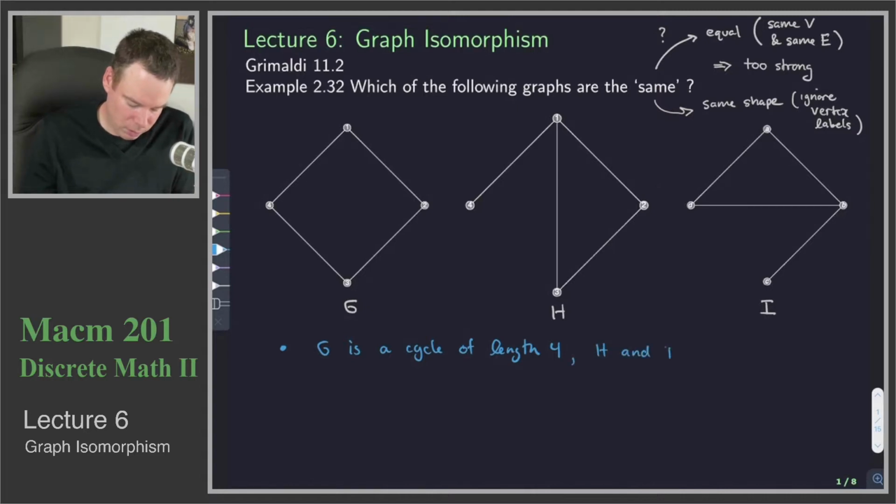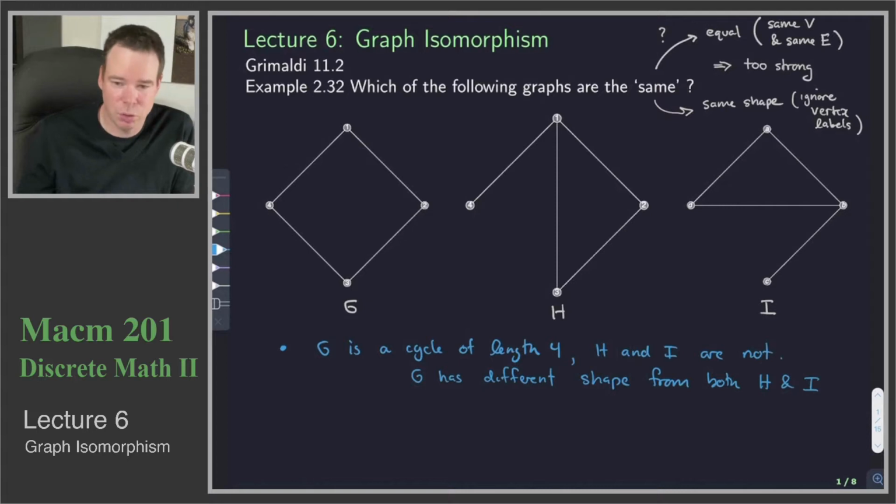They're not cycles of length 4. So G has a different shape from both H and I. So we wouldn't consider G to be the same as H or I.